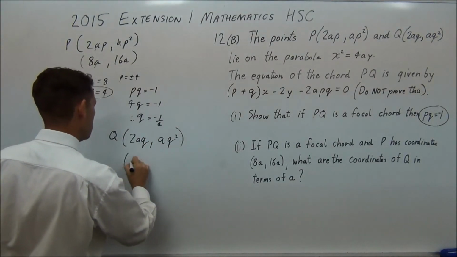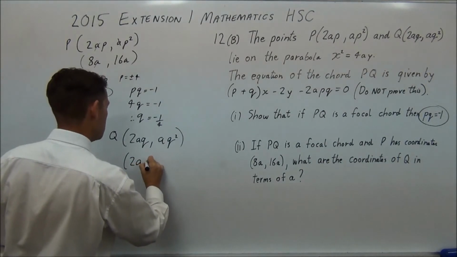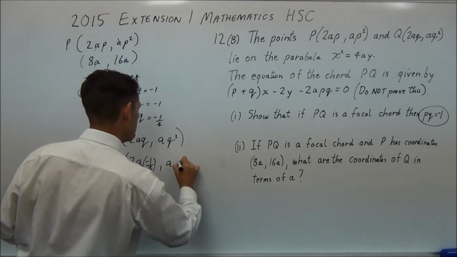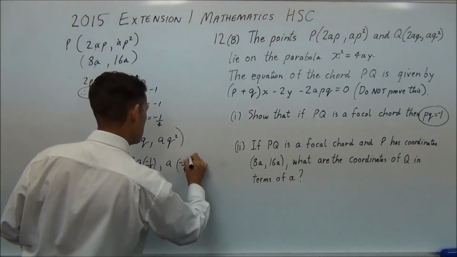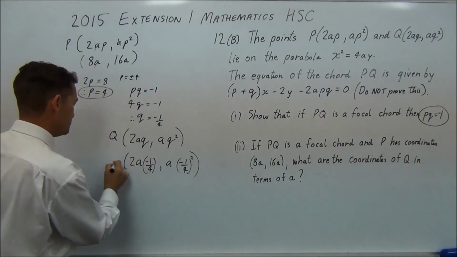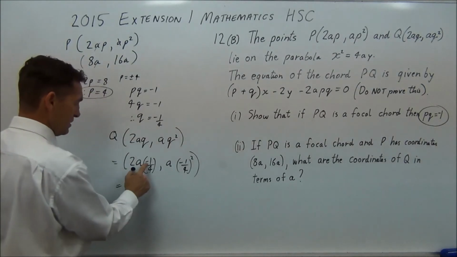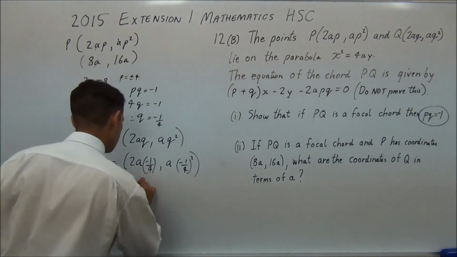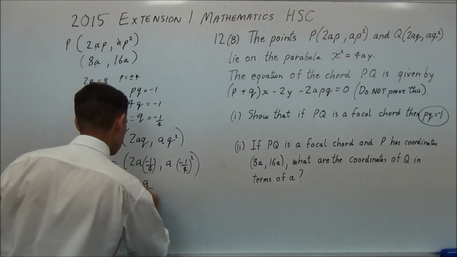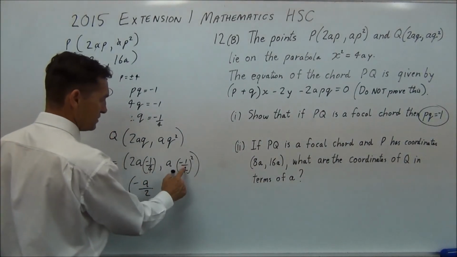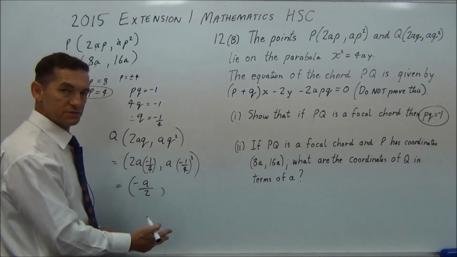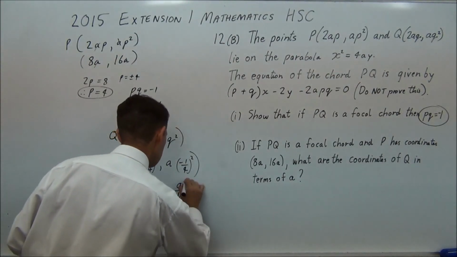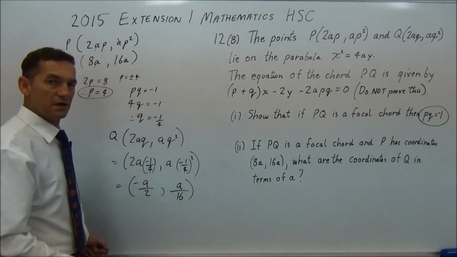Okay, so then you get 2A times minus a quarter, A times minus a quarter squared. Simplify, so that equals 2 multiplied by minus a quarter, well that's minus a half, so you have minus A on 2, and then minus a quarter multiplied by minus a quarter is 1 on 16, so then you get A on 16, and you're done.